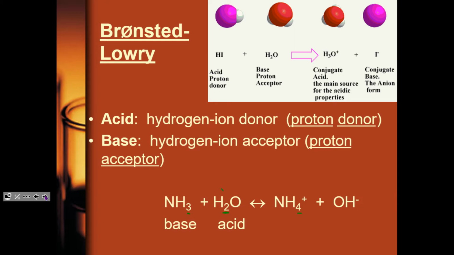So what happened was water donated an H plus to ammonia. And by definition, if we donate a hydrogen, water would be the acid in this case, and because the base is accepting of a hydrogen, ammonia, NH3, is the base.